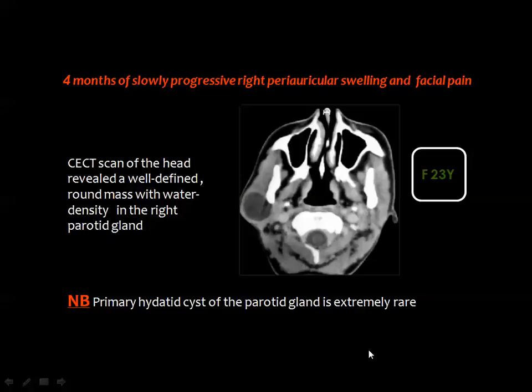And this is a cystic lesion which is located in the superficial lobe of the right parotid gland. You may say that this is a simple cyst, and also you may appreciate some enhancement of the wall and say this is an abscess. And one of the rare diagnoses here is the hydatid cyst. And this is stated in the literature that the primary hydatid cyst of the parotid gland is considered extremely rare.